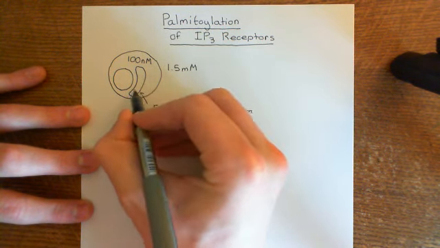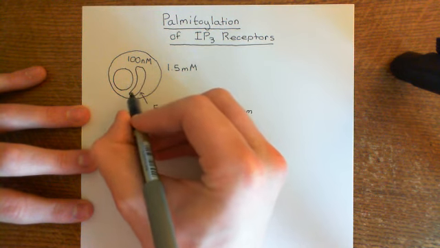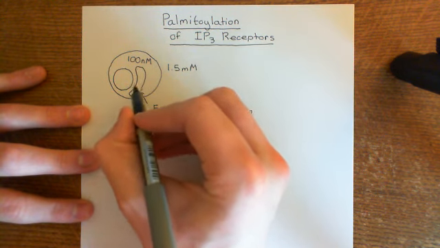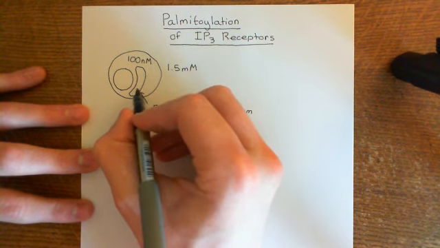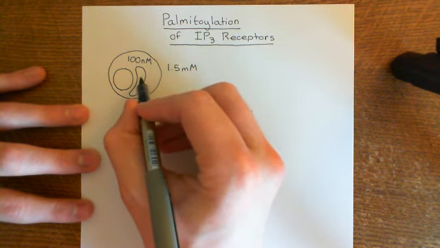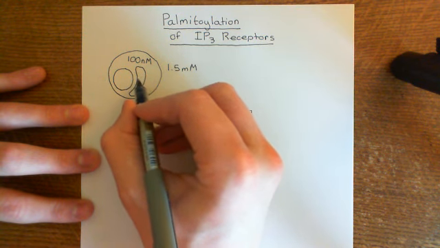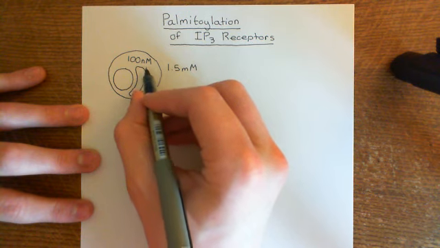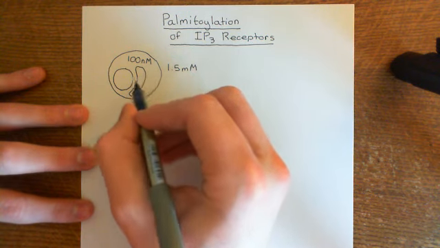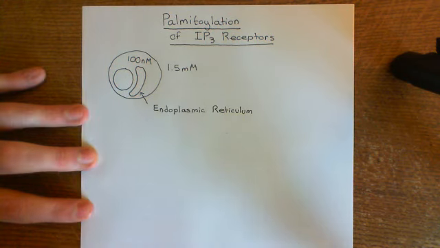So you have lots of calcium stored within the ER, and as part of many signaling cascades, channels in the membrane of the ER open and release the calcium from the lumen of the ER into the cytoplasm, and that calcium then acts as a signal and causes many downstream effects.